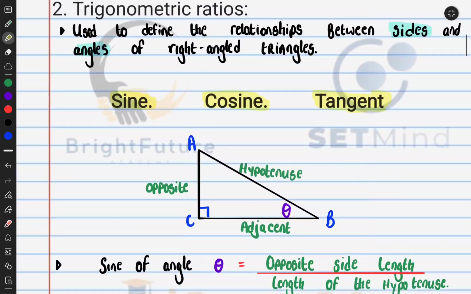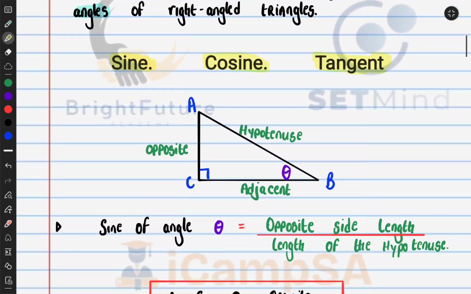Okay, let's quickly look at the triangle in the sketch that we have drawn here. We have the hypotenuse side facing the 90 degrees angle, and the angle of focus here will be angle theta, which is angle B, but we'll just call it angle theta.